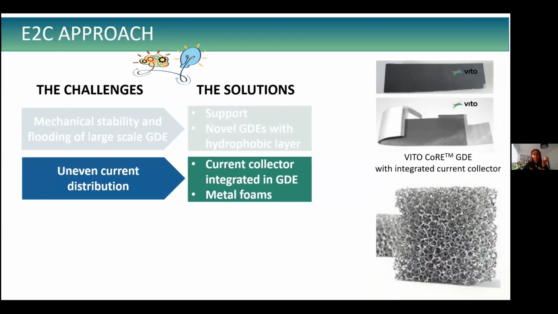Another strategy that we at TNO are working on is to work with metallic foams or 3D structures. So on one hand, we increase the active area by having these complex 3D structures. And on the other hand, we also ensure a good electrical connection along the whole length of the electrode.